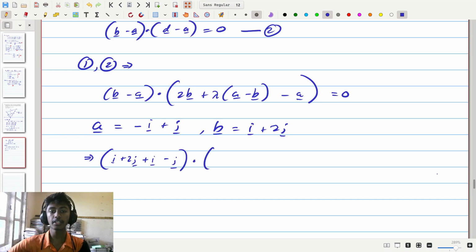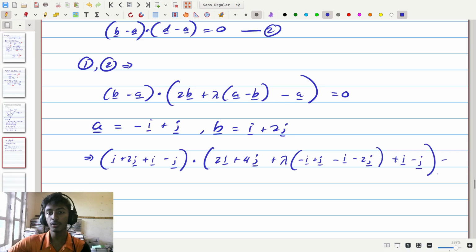Dot, on the right hand side 2B vector is going to become 2I vector plus 4J vector, and then plus lambda times A vector minus B vector, which is minus I vector plus J vector, and then minus I vector minus 2J vector, and close bracket, and minus A vector. A vector is going to be minus I vector plus J vector, so minus A vector is going to become plus I vector minus J vector. And that is all equal to 0.